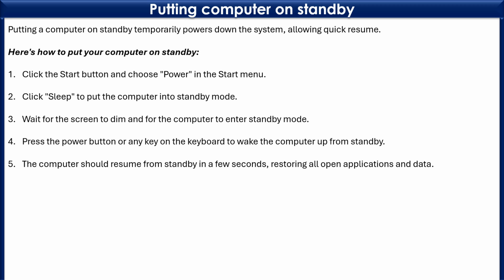According to my list, you go to the start button and choose power in the start menu, click sleep, and your computer will go on standby. Wait for the screen to dim and for the computer to enter standby mode. Press the power button or any key if you want to come back and continue working on your computer.